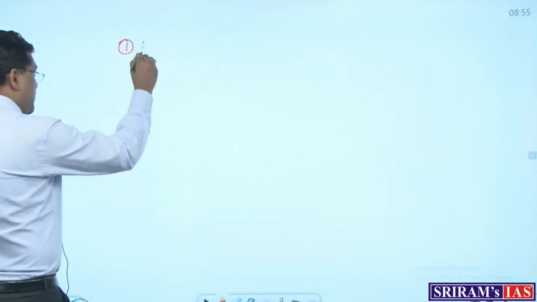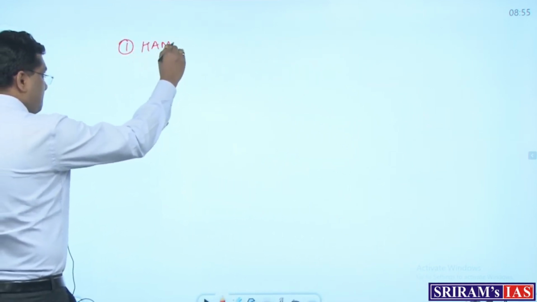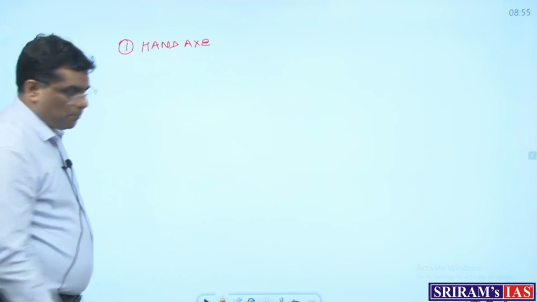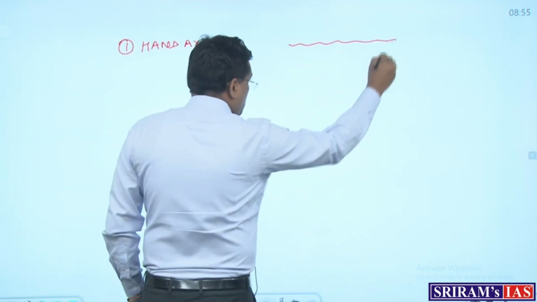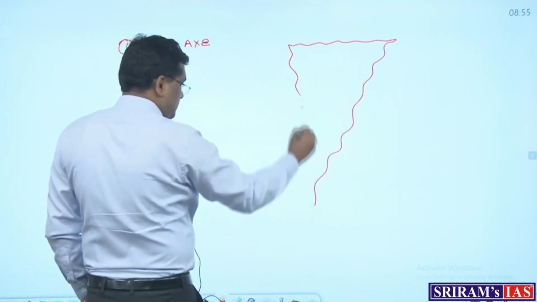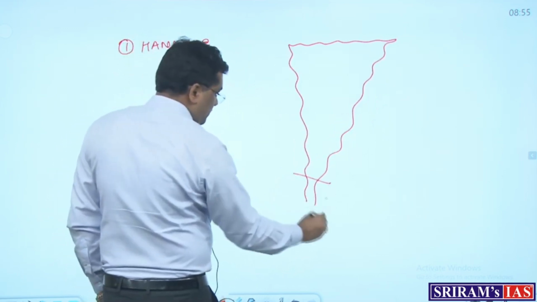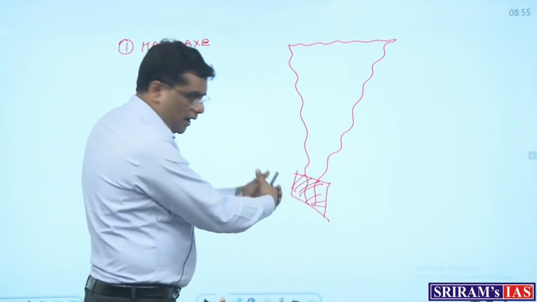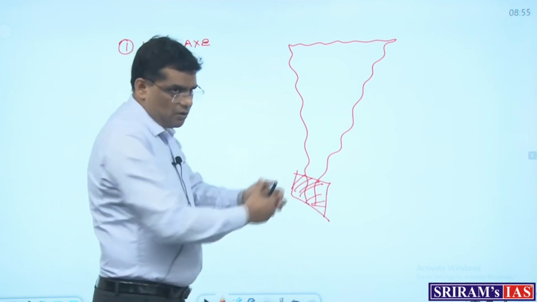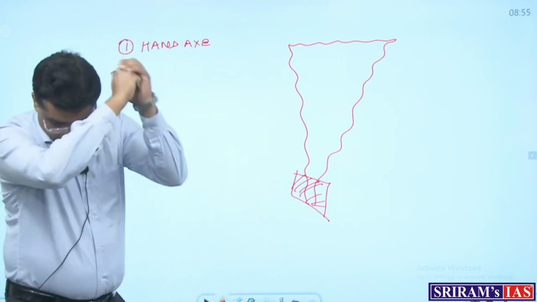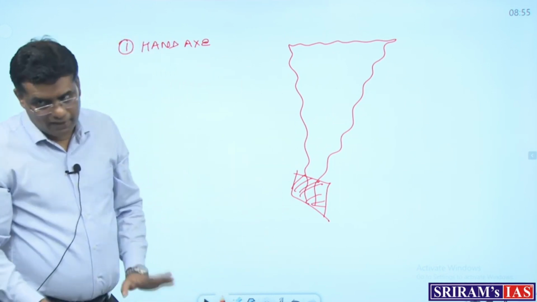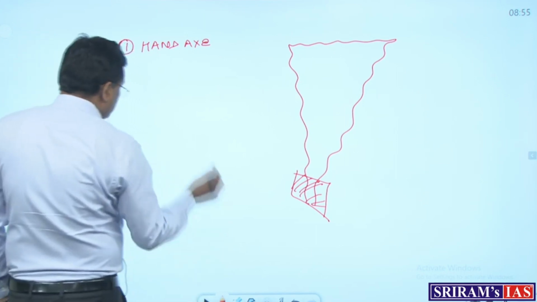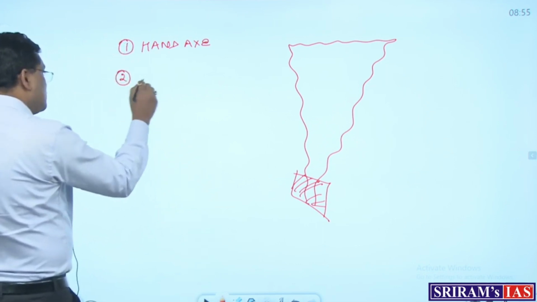First is called hand axe. Suppose you pick a large stone and you shape it like this, and put a wooden handle here. This is the handle, this is the working border, you catch the animal, beat it: hand axe. Then second was cleaver.